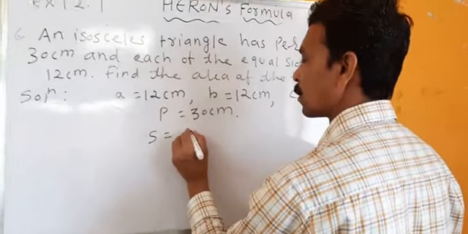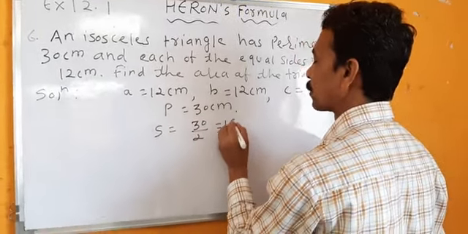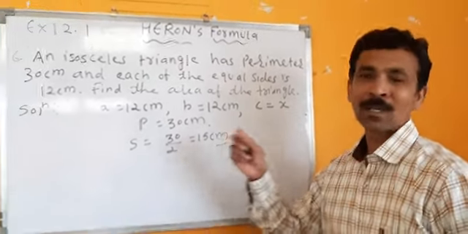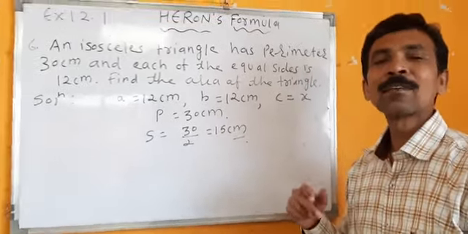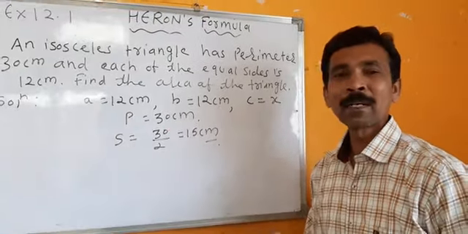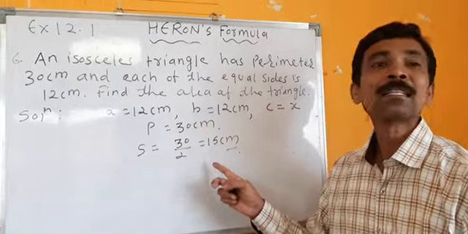Semi-perimeter is equal to 30 upon 2 is equal to 15 centimeter. Because perimeter is already given, we don't have to find the perimeter. If it is not given, then only we have to find by adding all the three sides and divide it by 2. If perimeter is already given, you just divide by 2, we get semi-perimeter.